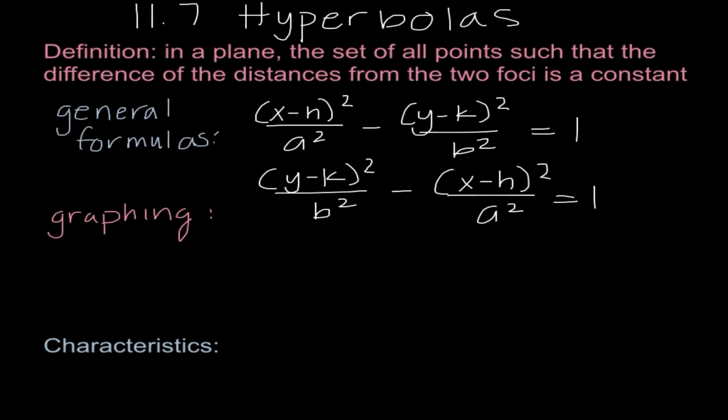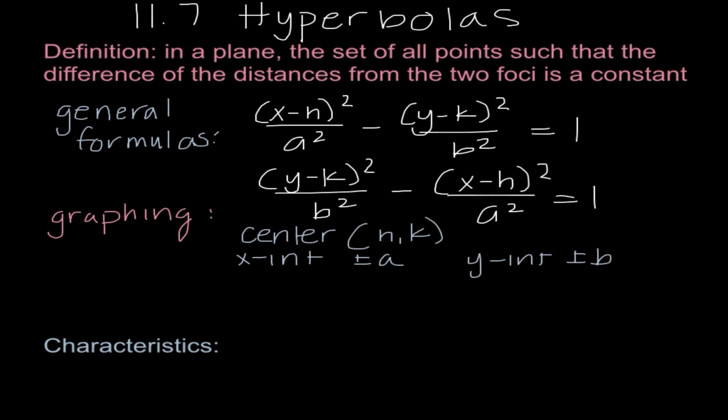The next thing we're going to talk about, though, is what do we need to know when we are graphing? So the characteristics that we need to write down are very similar to what we did for an ellipse. Our center is (h, k), and once again, those are coming from the opposite of the values that are inside the parentheses.